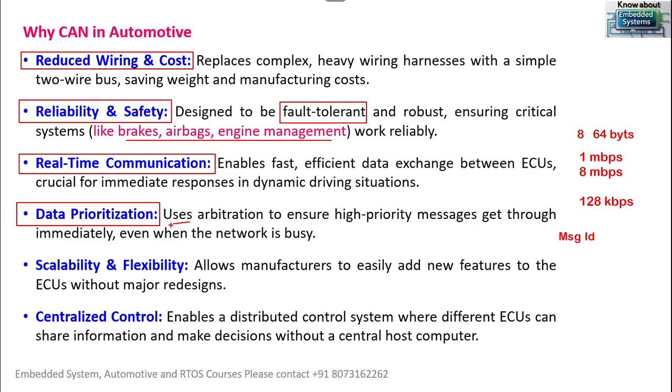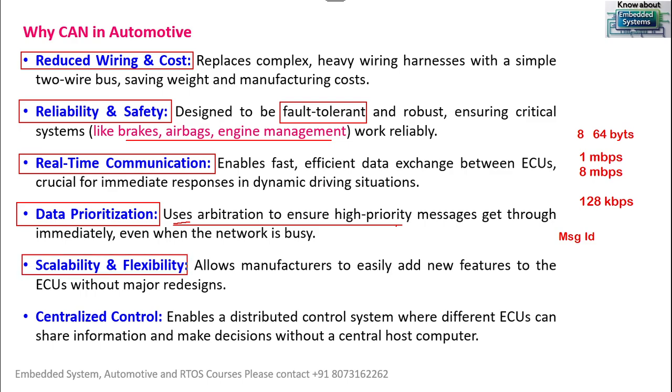This arbitration mechanism will allocate the priorities to the different data transmitting messages. Each frame will have its own identification number, and based on your requirement of the priority, we can assign the priority to the message ID that will prioritize your data. That is the fourth reason.